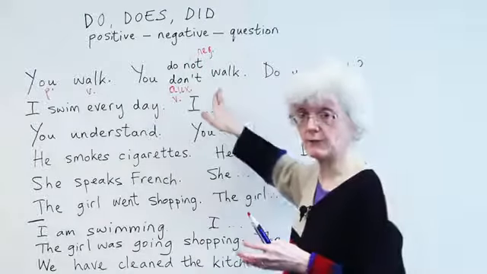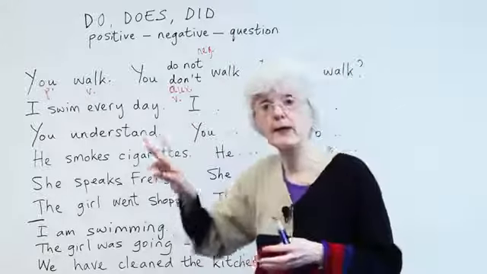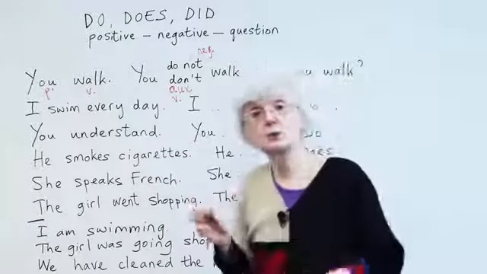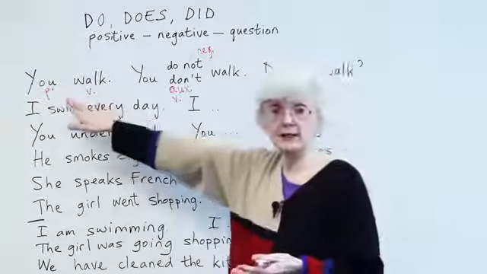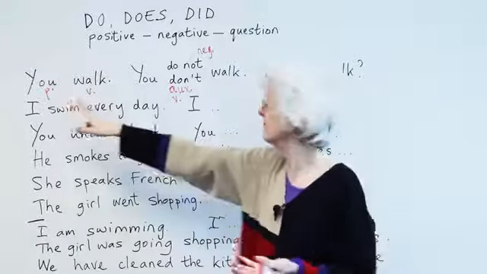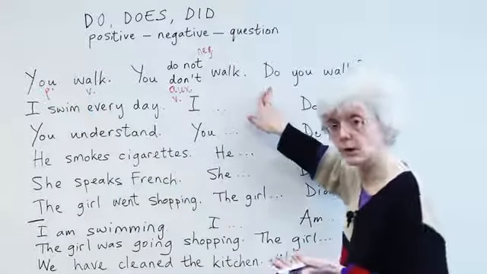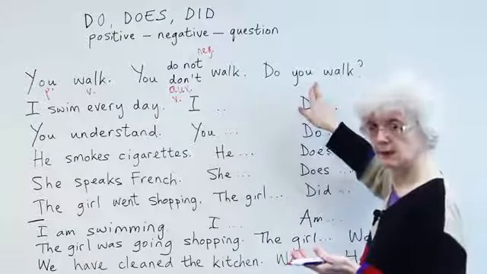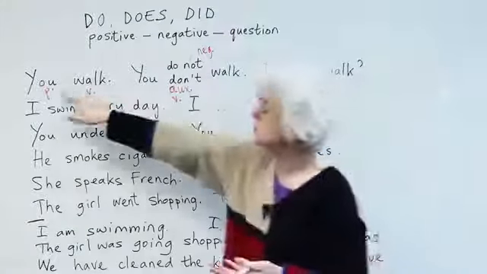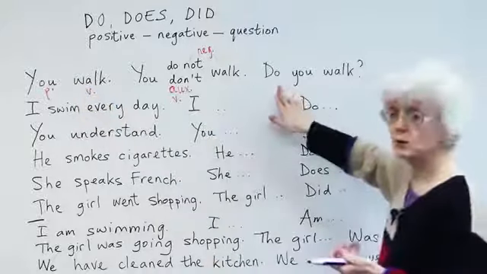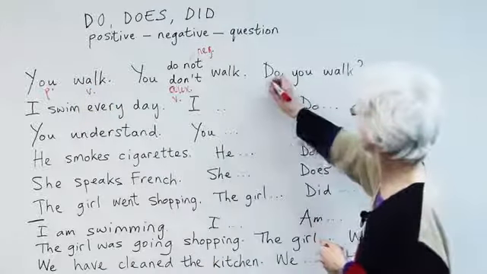That's the negative. And then again, if we turn it into a question and you're asking the person, it's do, again: do you walk? So you walk, do you walk?